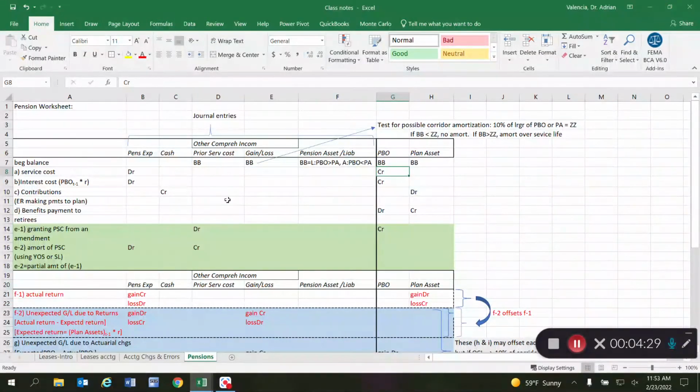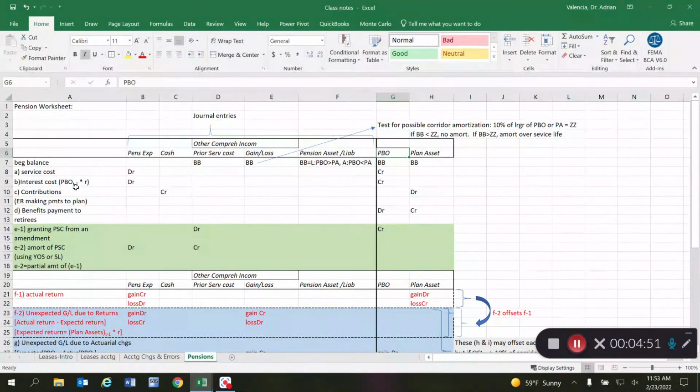Then interest costs involved during the period are the next item on the pension worksheet. Since this is a liability, think of it as a loan that you owe. As time passes, you're accruing interest on this, and the interest is computed based on the beginning balance. That's what this T minus 1 is.